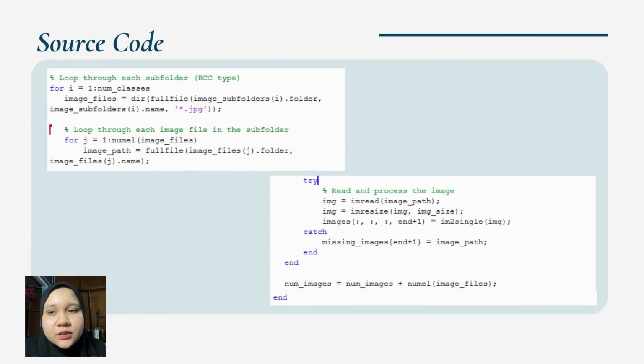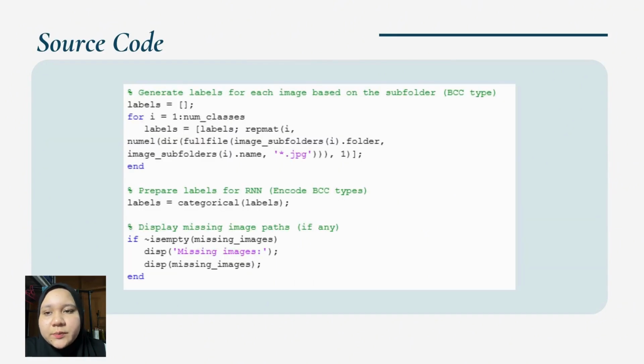Next, we will read and pre-process the images. Next, labeling the images. Each image is assigned a label based on its subfolder, which corresponds to a BCC type. For example, all images in folder type 1 are labeled 1, those in type 2 are labeled 2, and so on.